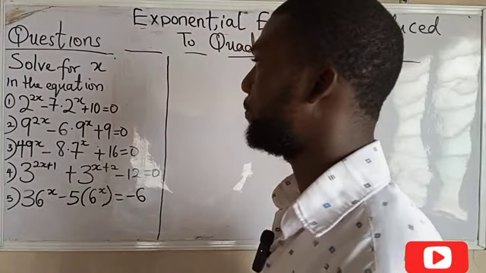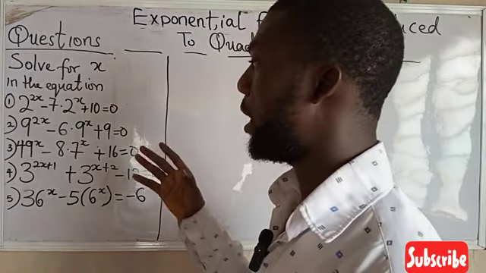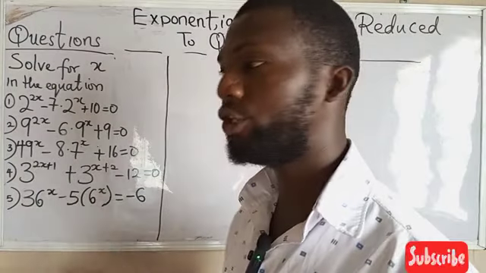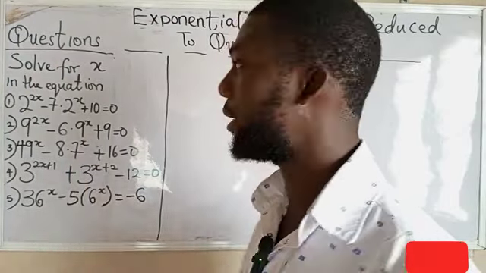As you can see, this is how an exponential equation reduced to a quadratic equation looks like.